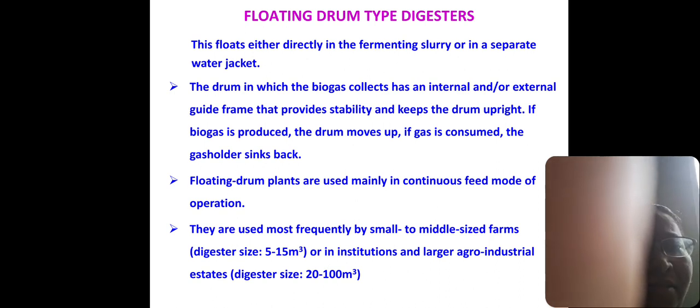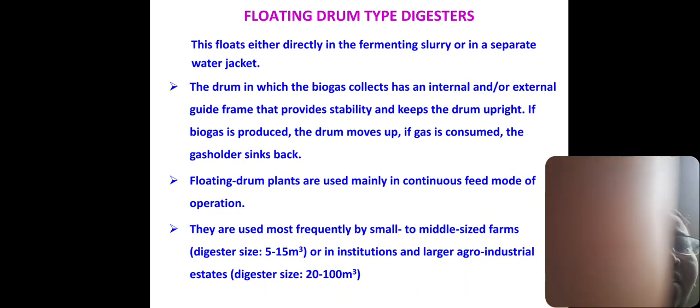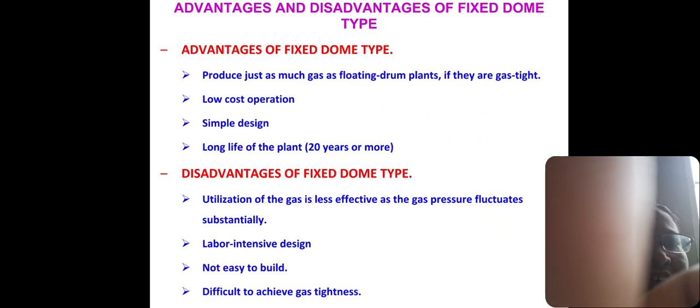The floating drum plants are usually in continuous feed mode of operation. They are most frequently small to middle sized plants. Digester sizes are 5 to 15 meter cube, or for institutions or larger agro-industrial estates, 20 to 100 meter cube of digester capacity can be installed in floating type digesters.